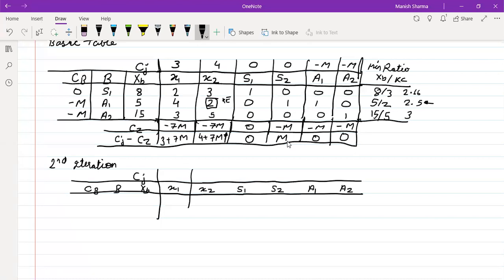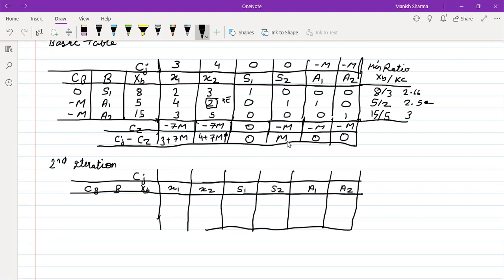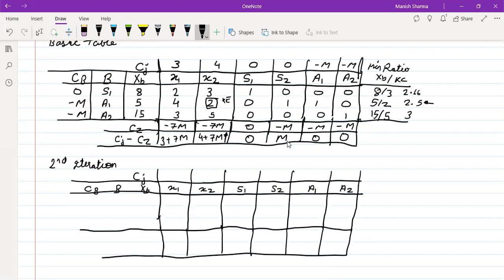Then you simply draw the lines. Okay, so this is your Cz.